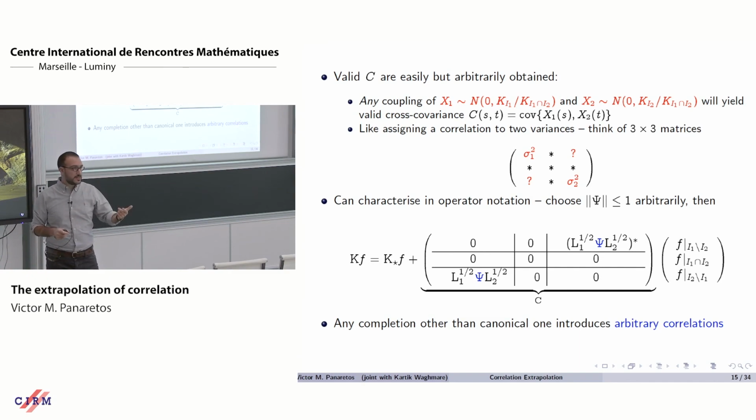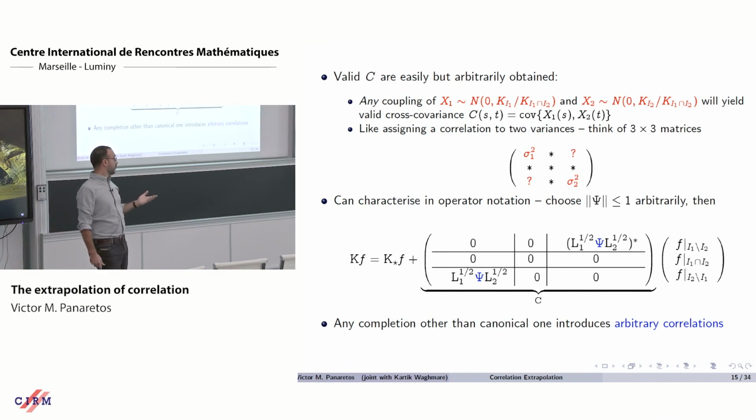But this shows us that other completions, other than the canonical completion, though they are easily obtained, are arbitrarily obtained because of your choice of this psi. This psi is just going to be a bounded operator with norm less than or equal to 1. It's a correlation operator. You can choose it in any way you want. But these are correlations that you are now introducing and that you never observed in the partial covariance structure.